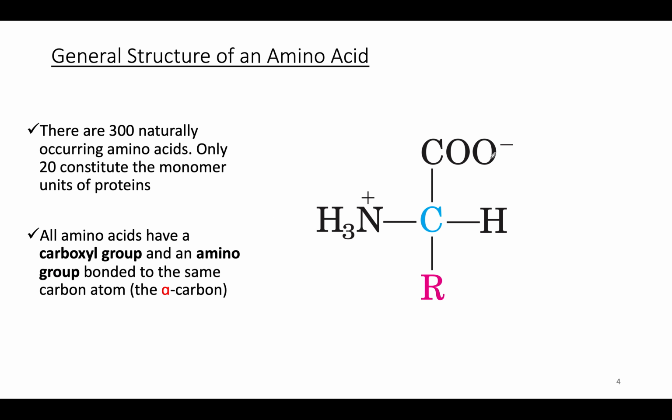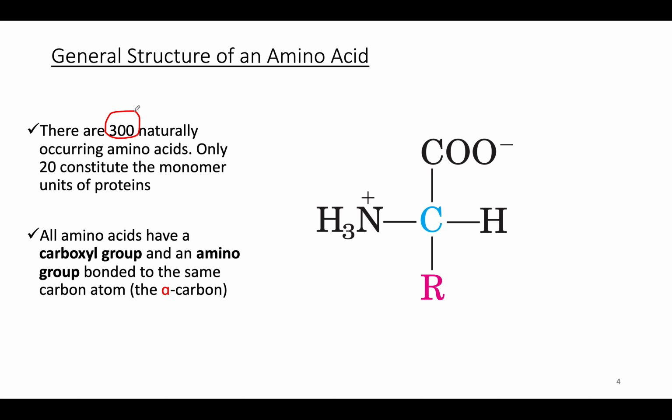We move on and look at the general structure of an amino acid. Before we do that, sometimes people ask how many amino acids are present in nature. Now, of course, there are 300 naturally occurring amino acids. Now, this is an arbitrary number, that means an approximate number. There are specific amino acids that are still being discovered today.